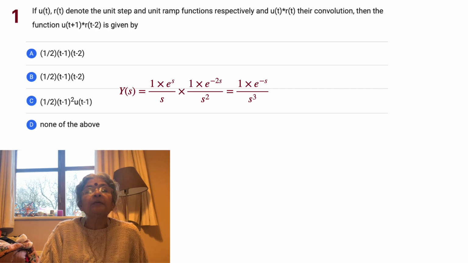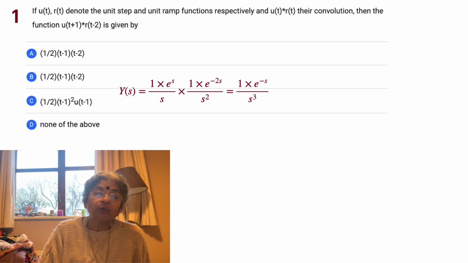It is going to be t²/2, but the problem happens to be that now there is a time delay of 1 second. So you have u(t-1), and the t that you got, that is t²/2, has to be replaced by t-1. Any t will be replaced by t-1 as a consequence of having a time delay as signified by the Laplace quantity e^{-s}.